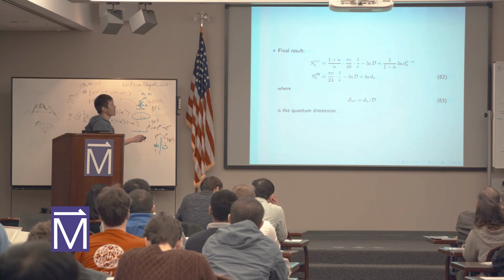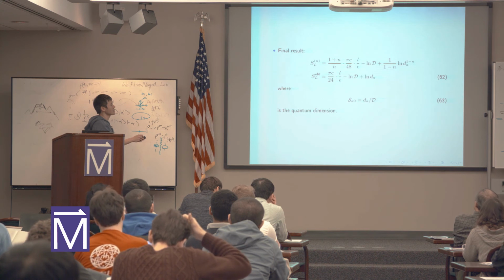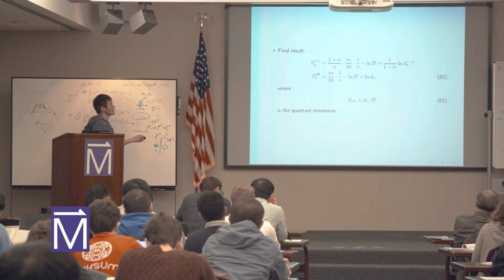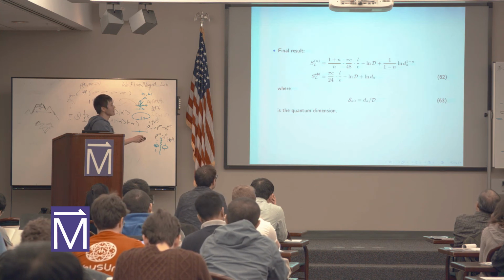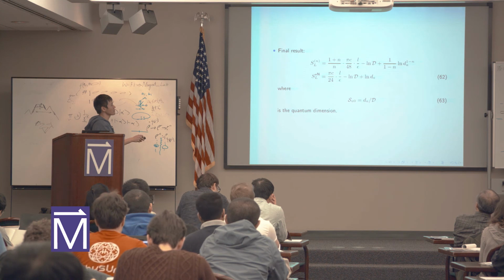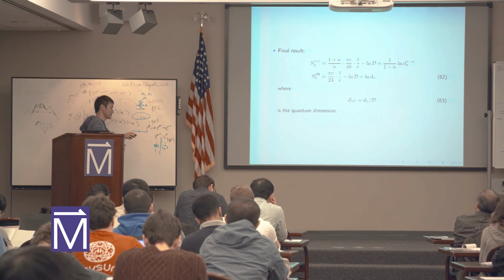This part depends on the circumference of the entanglement boundary divided by this regularization parameter. So this is the area law term. And this term is proportional to the chiral central charge, which is one important piece of data to characterize a topological liquid.